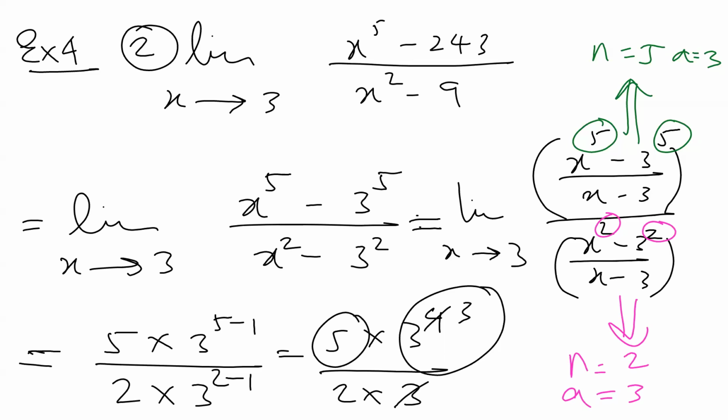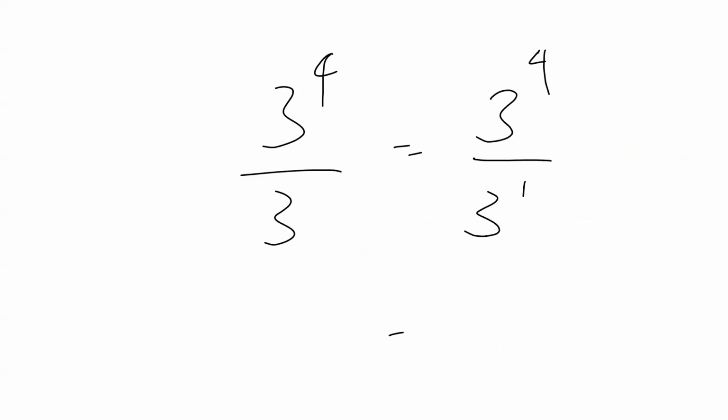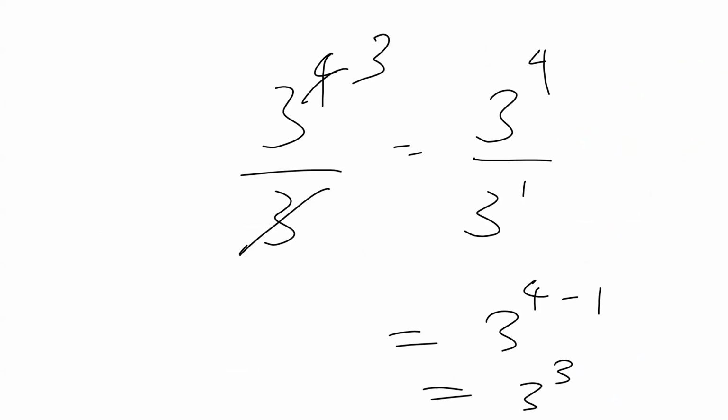Can you explain how you got 3 cube? That's indices: 3 raised to 4 upon 3 raised to 1 is 3 raised to 4 minus 1. So 3 cube. Otherwise, directly one 3 will get cancelled. That's what I've done.